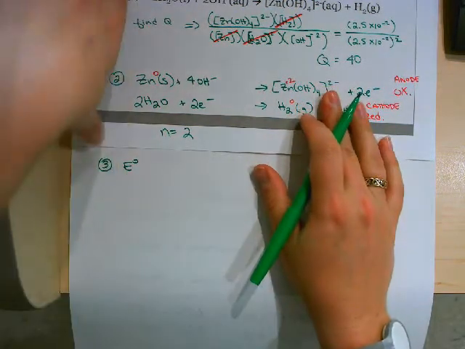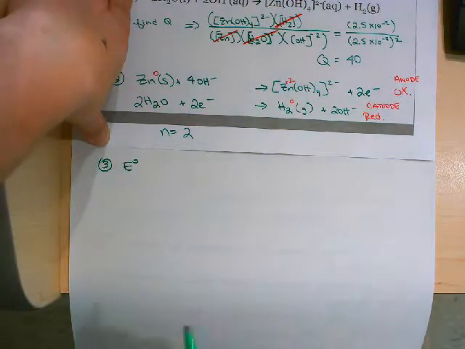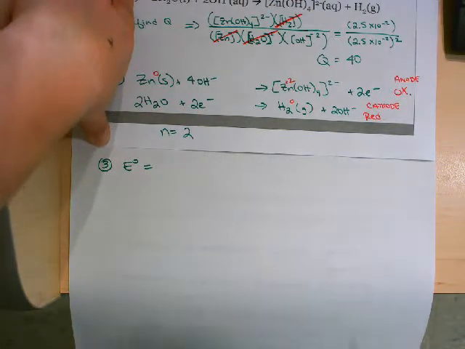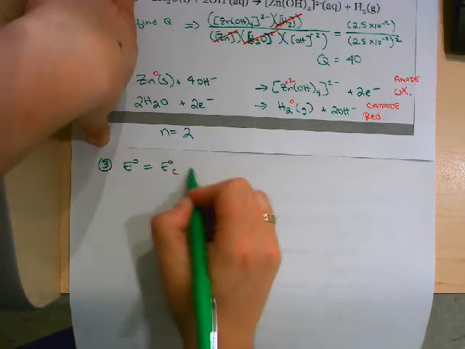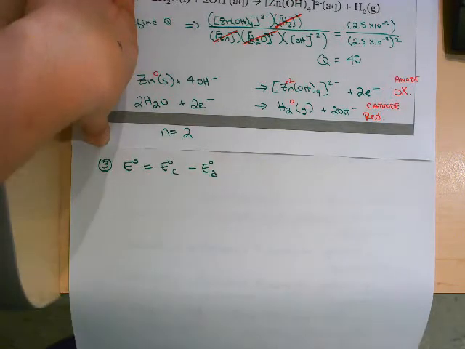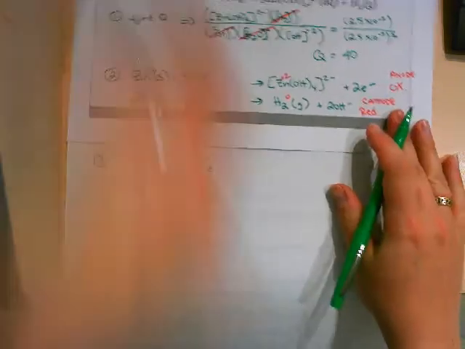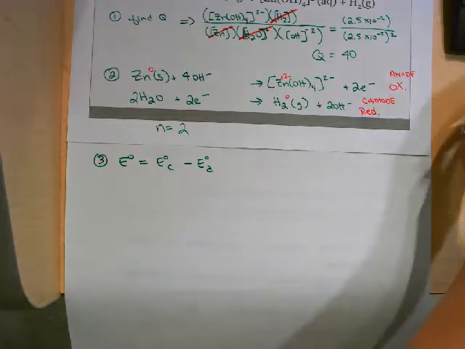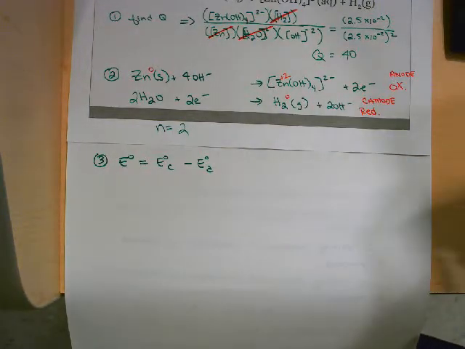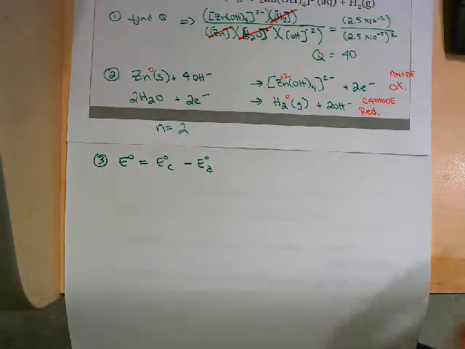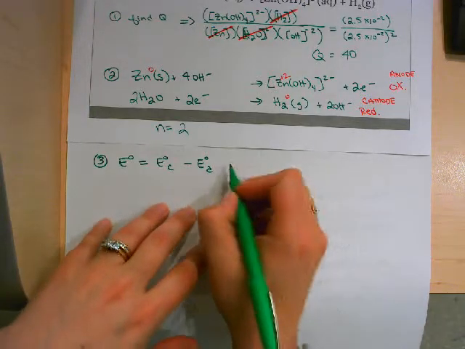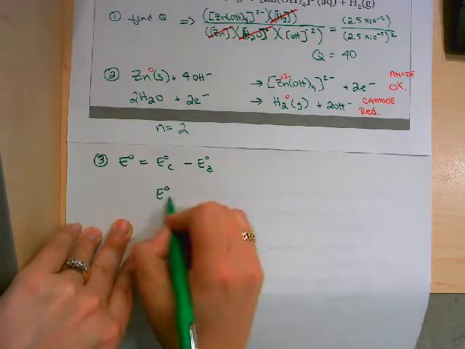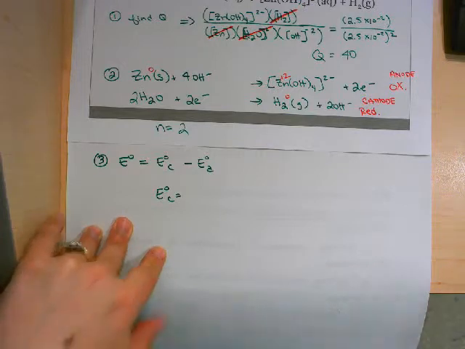I want to figure out E0. E0 is equal to what minus what? Cathode minus anode. Where would I find those values if I were not given to you? On the handy dandy chart, so I'll go ahead and give them to you.